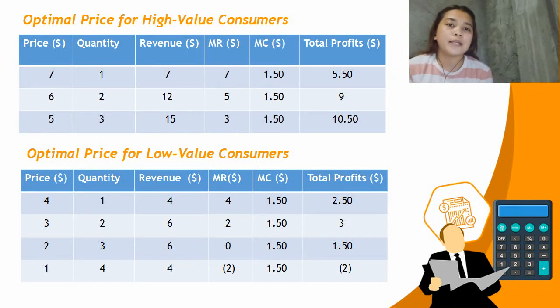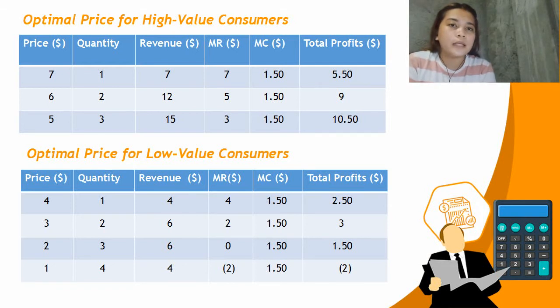If the price is 3 and the quantity is 2, the revenue is 6, which is 3 times 2, and the marginal revenue is 2, which is 6 minus 4. The marginal cost is 1.5, which is also given, and the total profit is 3, since 6 minus 3 equals 3.